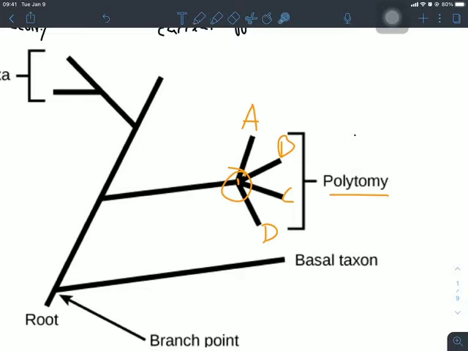So imagine yourself tracing this back. I'm going to run my finger down A's line and see which other species it intersects with. Well, it intersects with B, C, and D all at the same time. Therefore, we have this polytomy.